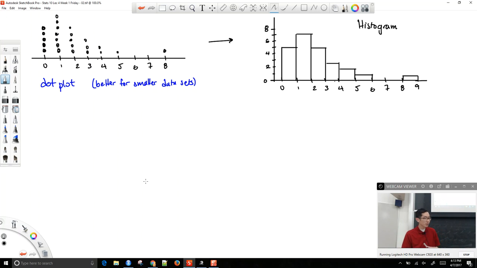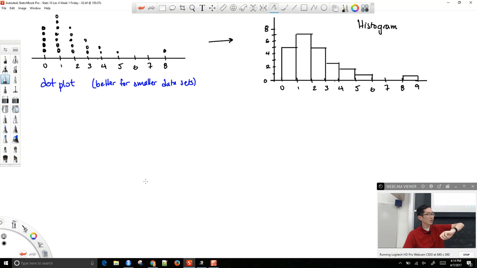If we recorded all of these different values, with a dot plot I would need a different tick mark on my number line and I would put a dot for each value that I see.